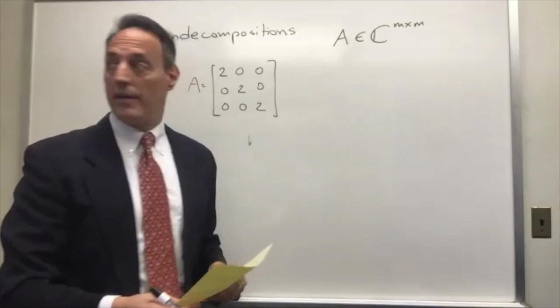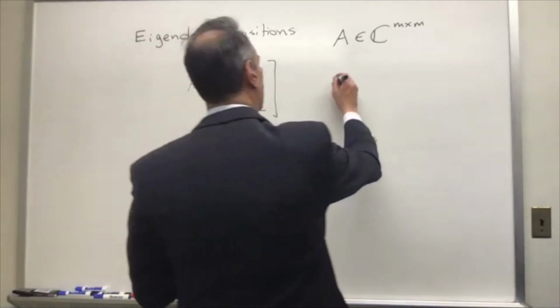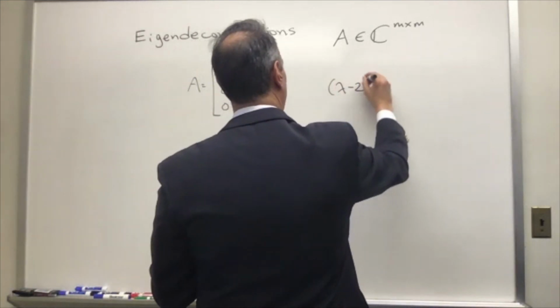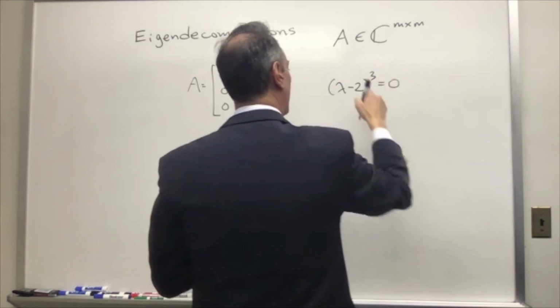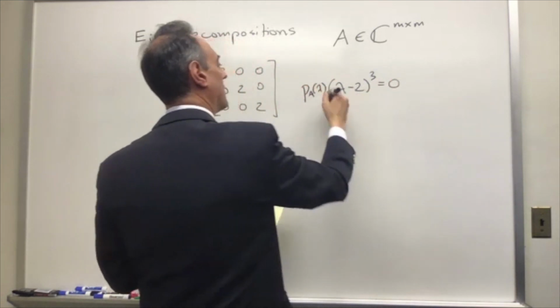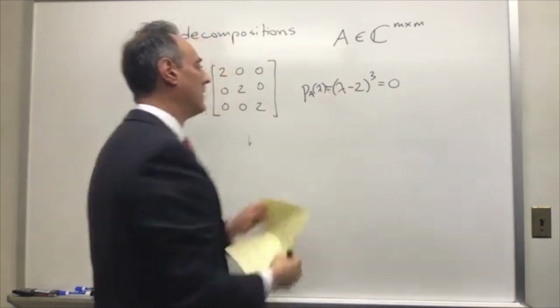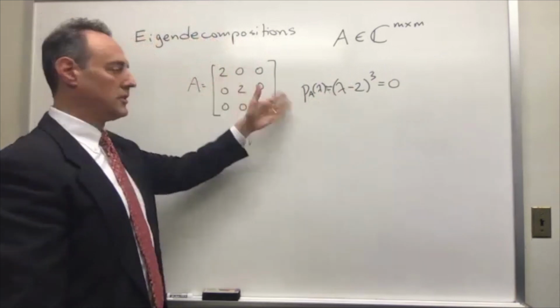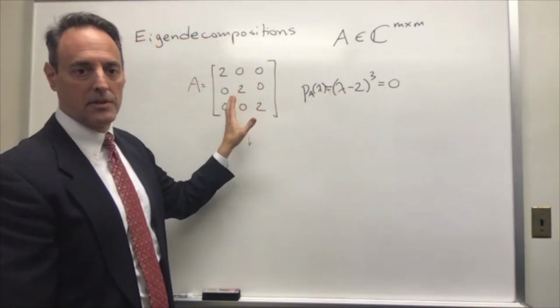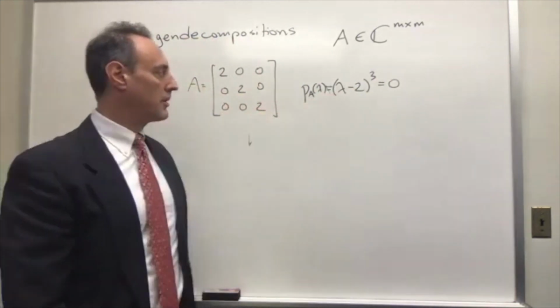What you end up with is the following characteristic polynomial: (lambda minus 2) cubed equals 0. That would be my P_A(lambda) equation. It's really easy to take that determinant of not just A, but A minus lambda I.